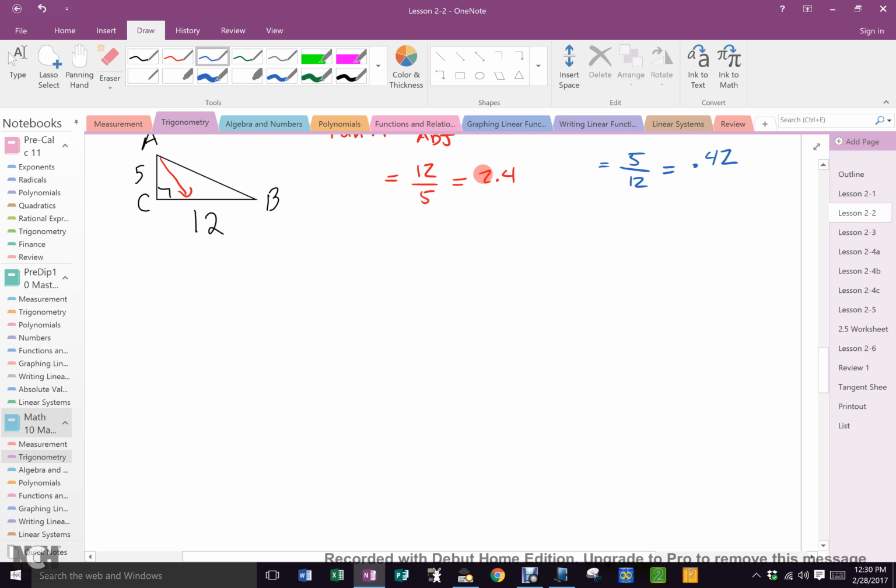How do you find the angle now? So this was A, so B is find the angle. Find angle A. You have the decimal, so what do I have to use to find angles? Tan or shift tan? Shift tan. So for angle A, I need to do shift tan 2.4 or 2.4 shift tan.